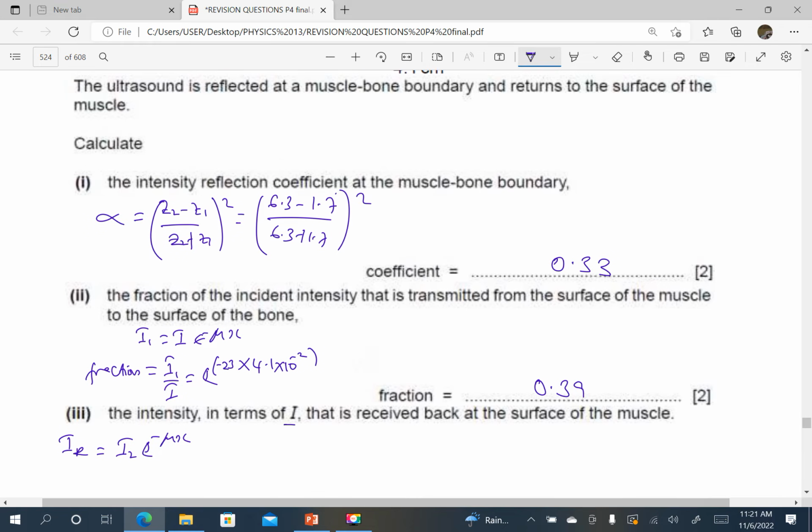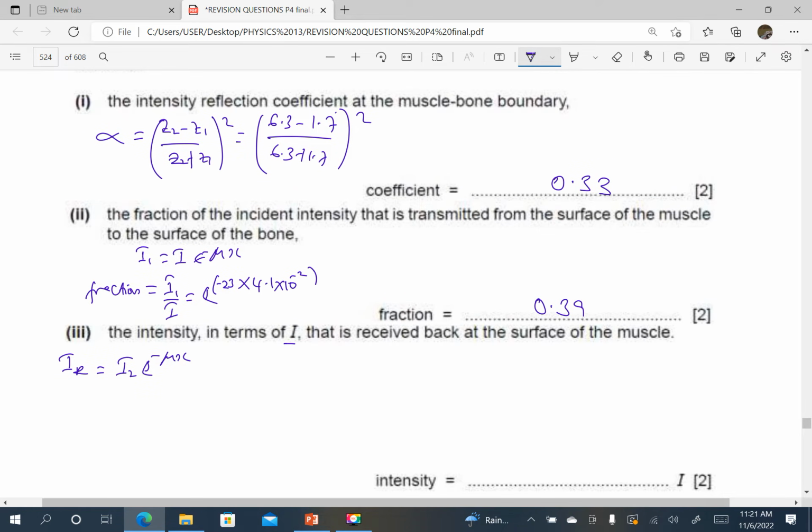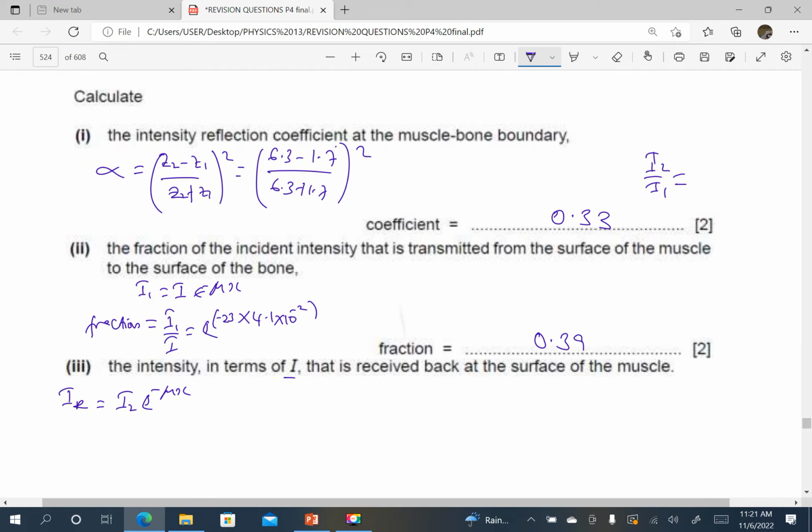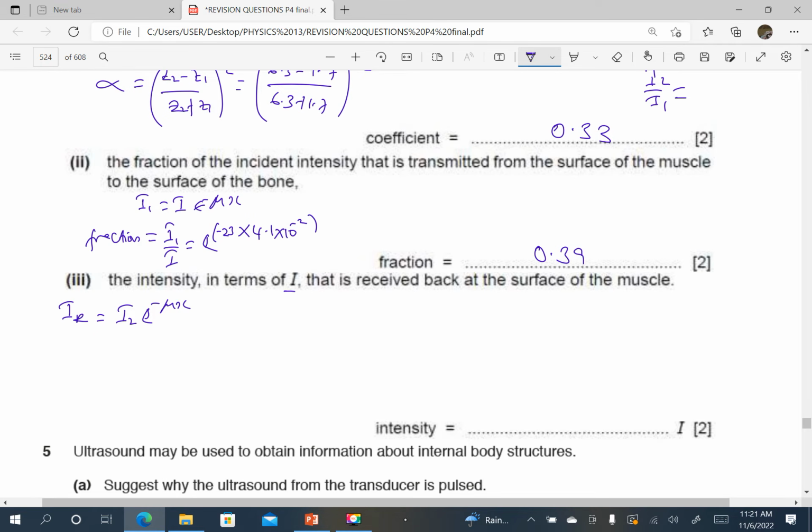Remember from the first equation, the intensity reflection coefficient is I2 over I1, the intensity reflected from the boundary over the intensity incident. So I2 over I1 is 0.33. So this will be 0.33 times I1 e power negative mu x.